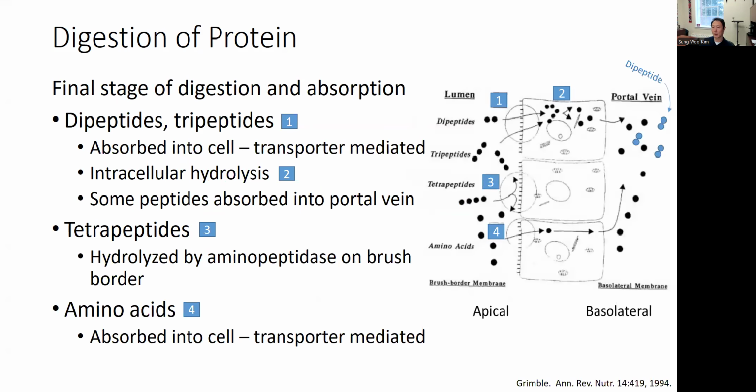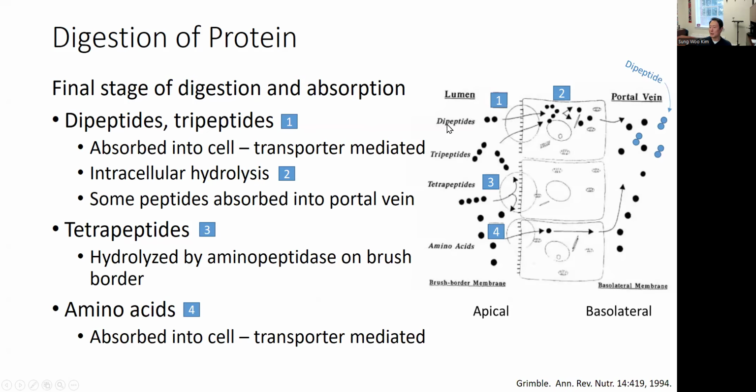Right? So if you look at the final stage of digestion and the absorption of the end product, if you see this illustration, on your left side, that's the lumen of the small intestine, lumen of the jejunum. The right side is the inside of the body. Right?